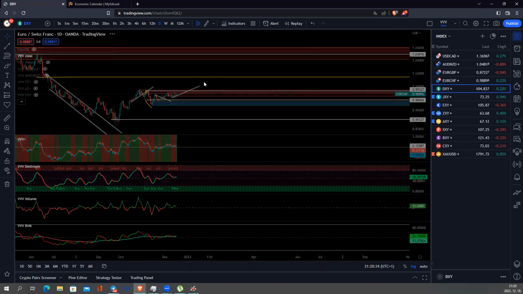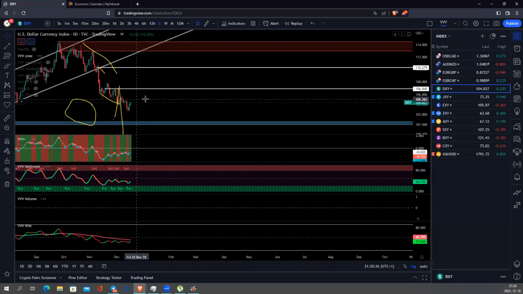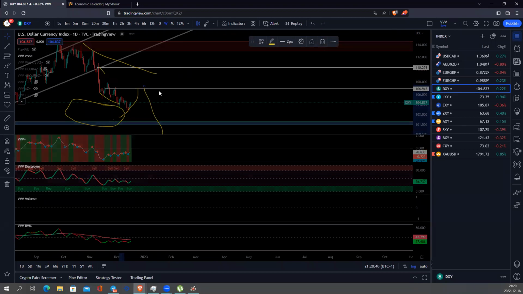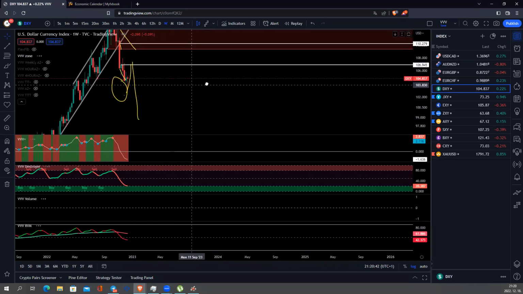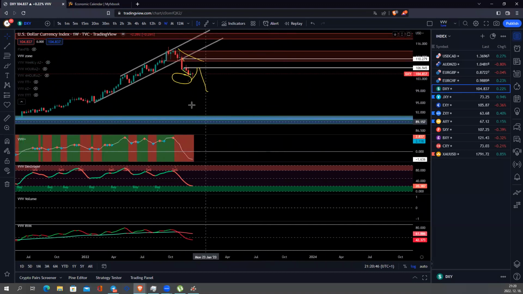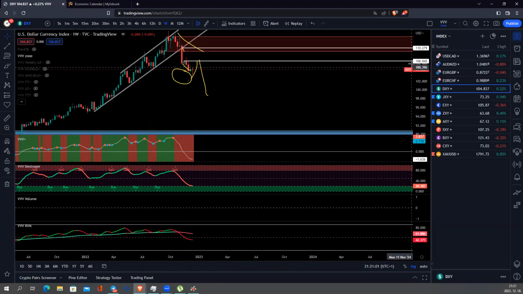And then the DXY. On weekly basis, I thought there would be some correction on this, and we got last week a push from the DXY down, and by the end of the week there is a wick formed.